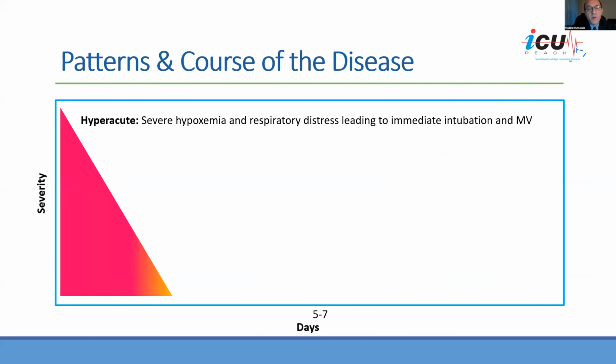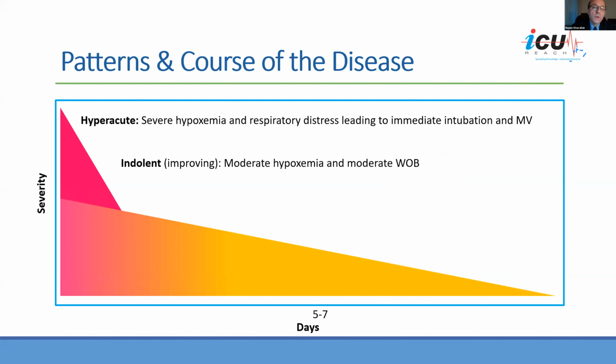This is the hyperacute presentation. We've seen also cases of indolent courses, where we see moderate hypoxemia and moderate work of breathing. They get better over days, but more likely they take weeks before they get better. We've seen cases between 2 to 8 weeks.